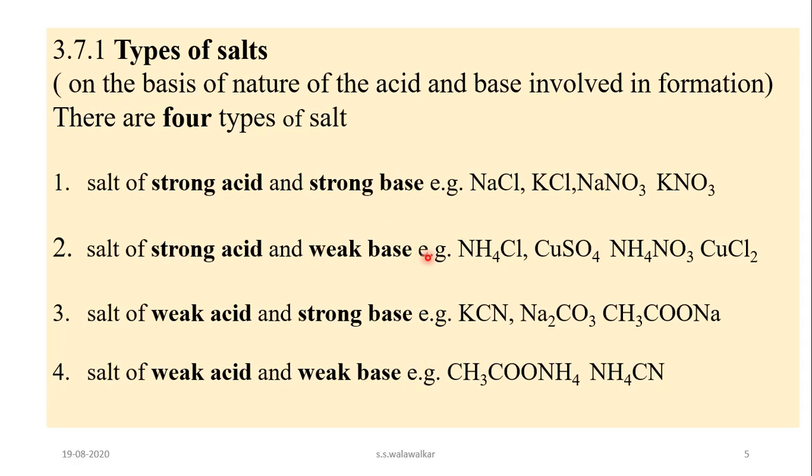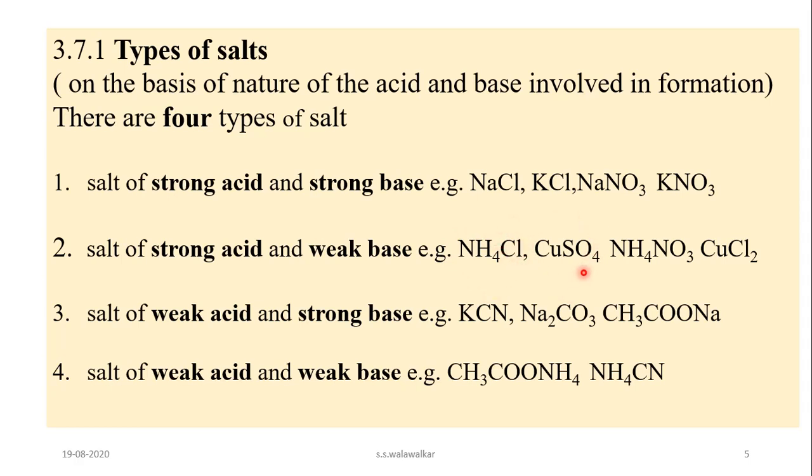And weak bases means NH4OH, then copper hydroxide, ferric hydroxide, aluminum hydroxide, these are what? Weak bases. So salt which are formed from strong acid and weak bases. For example, ammonium chloride. Ammonium chloride is formed from weak base ammonium hydroxide and strong acid HCl.